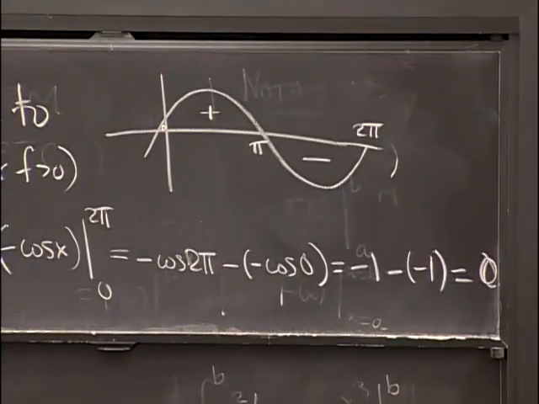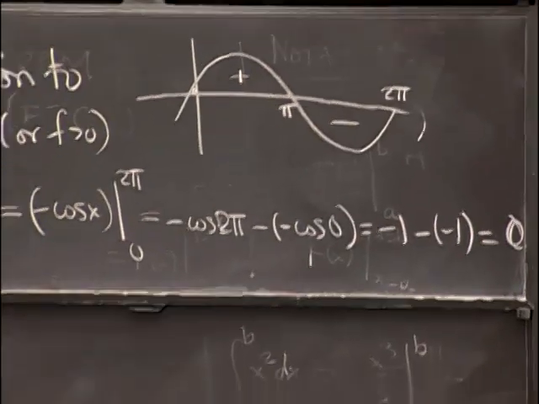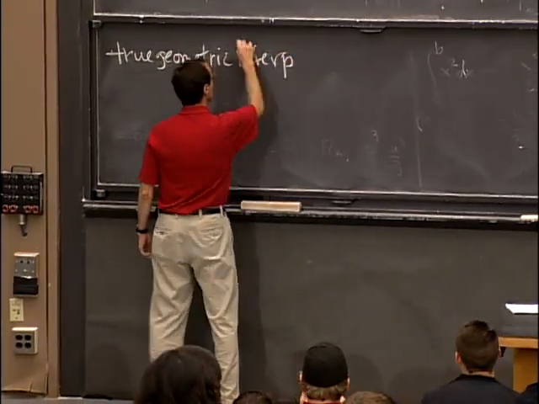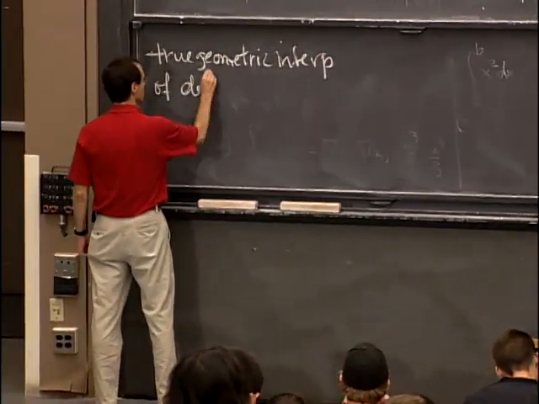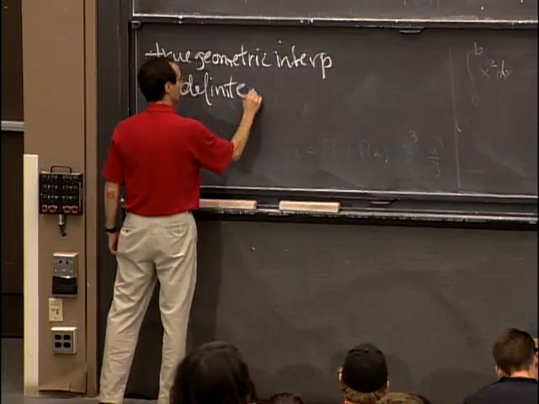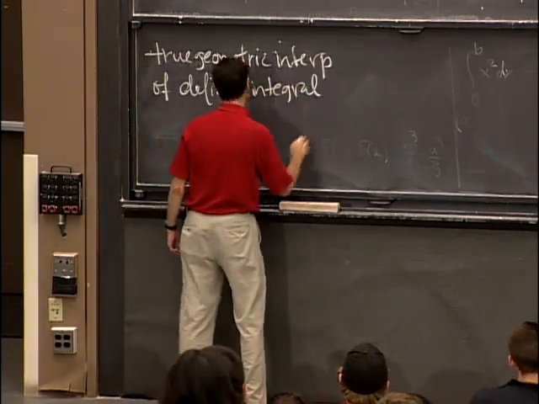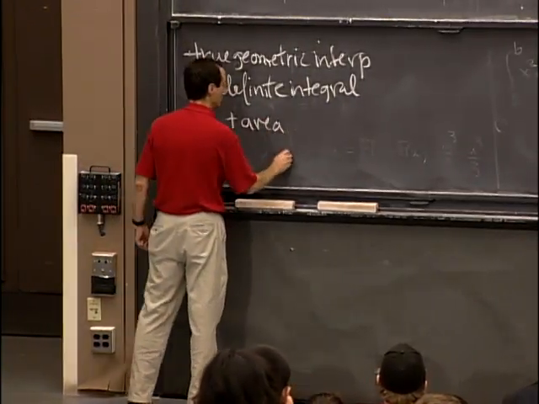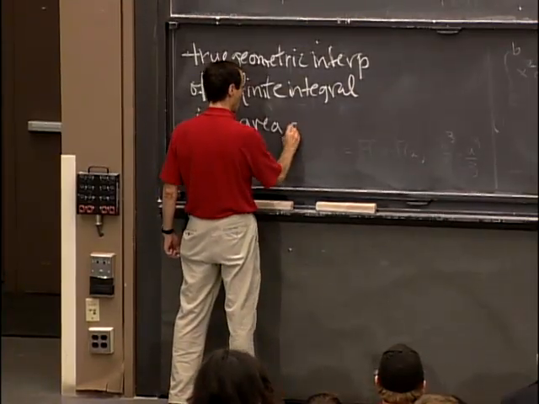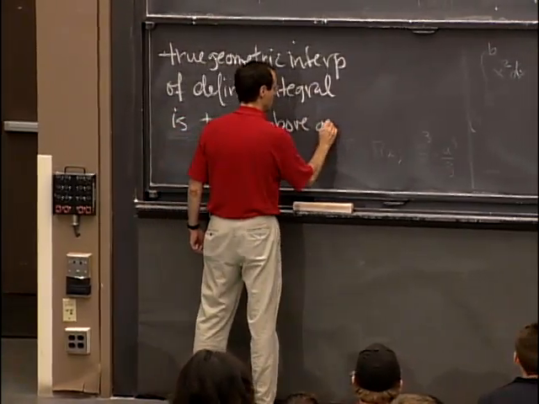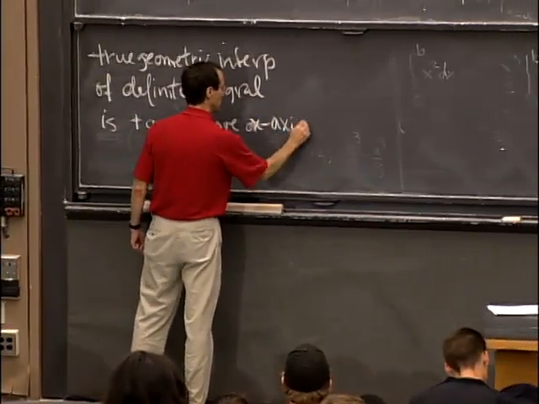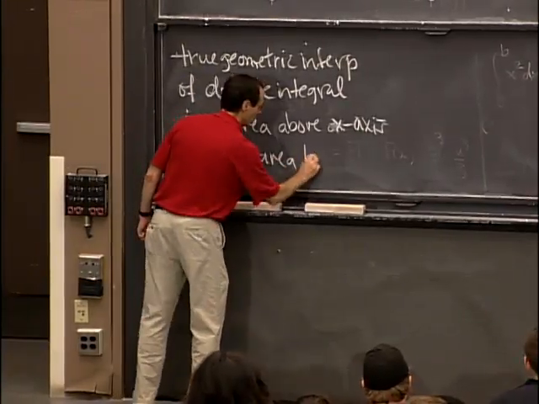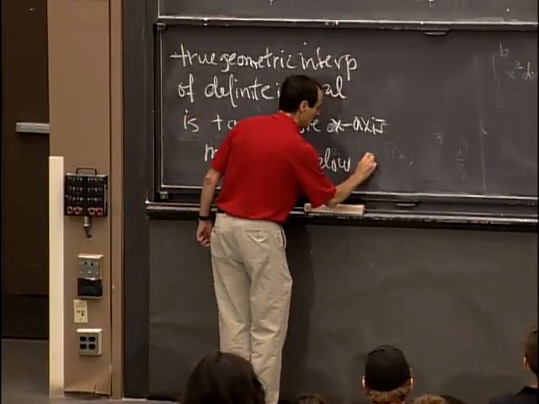So the true geometric interpretation of the definite integral is the plus area above the x-axis, minus the area below the x-axis.